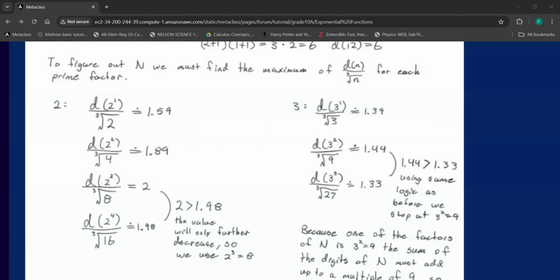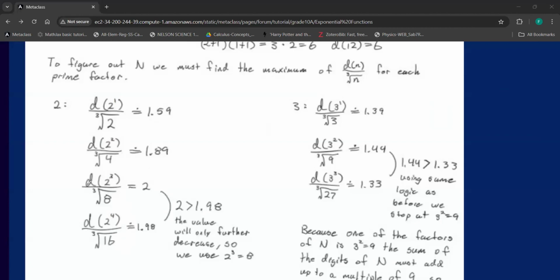And then going down, we're just increasing the exponent by 1 each time. So this is 1, this is 2, this is 3, this is 4. For this one, that's d squared divided by the cube root of 4, which is approximately 1.89.